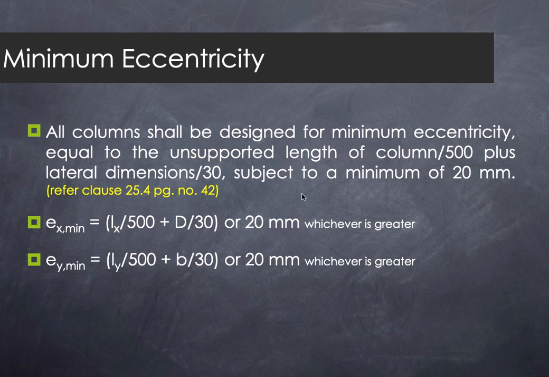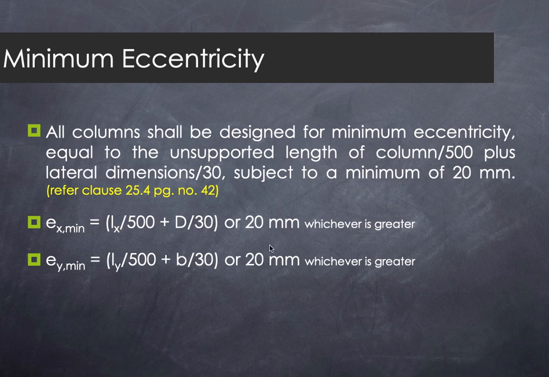But in addition to this, we have to check our columns for minimum eccentricity when we design. What does the code suggest for this minimum eccentricity? The minimum eccentricity is equal to the unsupported length of column divided by 500 plus lateral dimension divided by 30, subject to a minimum of 20 mm.